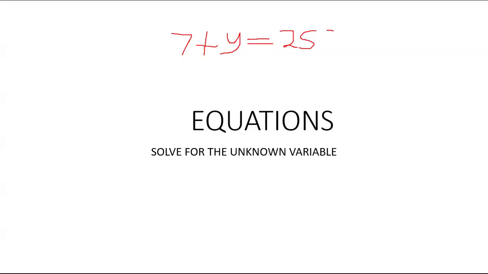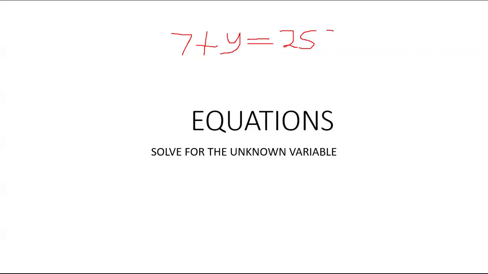This is what an equation is. 7 plus y on its own is just an expression, but immediately when we introduce the equal sign, it becomes an equation. It's equated to a certain value or expression.